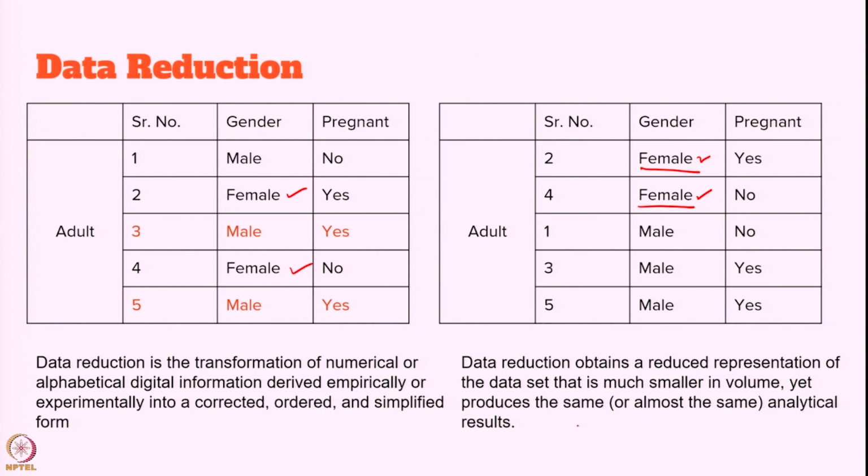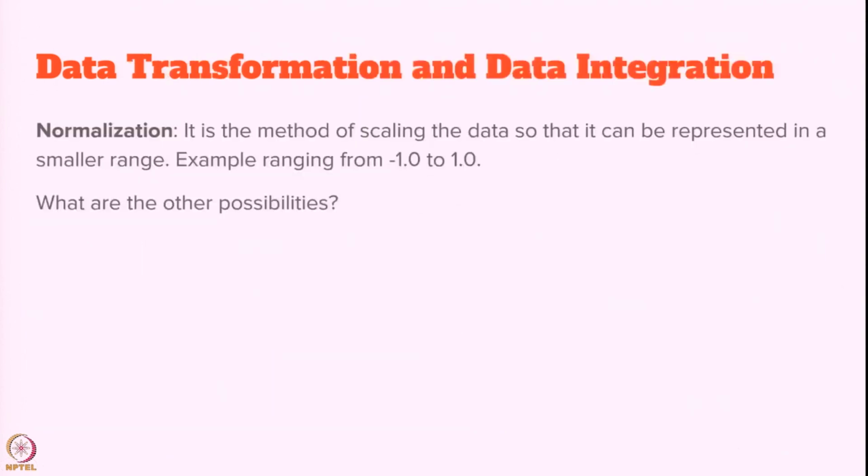So I already told you there are 2 things, one is dimensionality reduction and numerosity reduction. So you can go to the literature and you can find the information about those 2. Dimensionality reduction is if it is some n dimension, I can convert it into how many dimensions I want, maybe 1 dimension or 2 dimension values, and then I can do the analysis and extract the information from the method. Now this is data reduction.